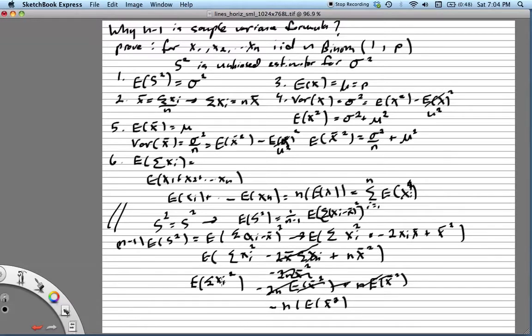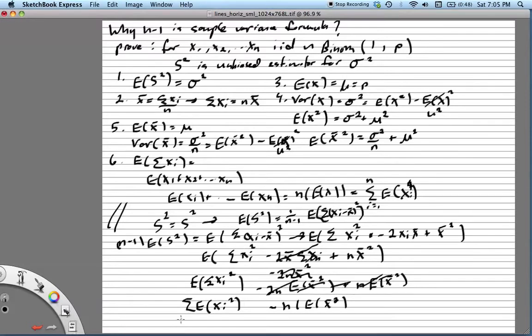Okay, well, we know that we can interchange a sum and an expected value, as we proved, or as we hoped to convince everyone of up here in point 6. So now we've got the sum of the expected value of xi squared. Well, the expected value of xi is just an instantiation of x, so we can talk about the expected value of x squared, which we know is sigma squared plus mu squared.